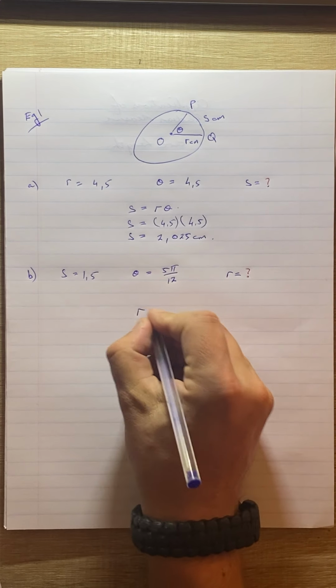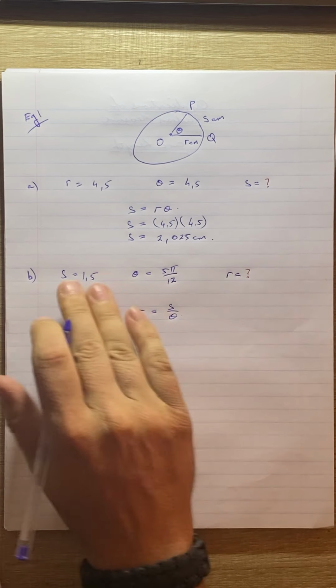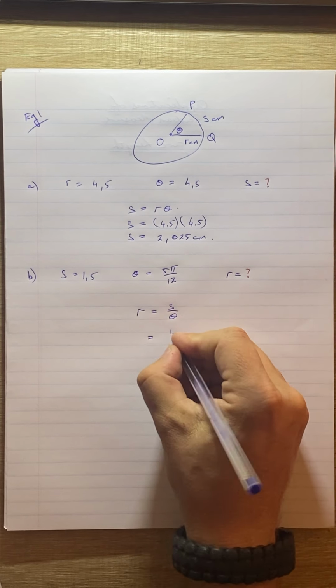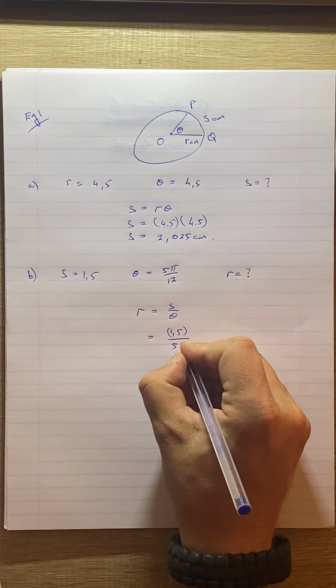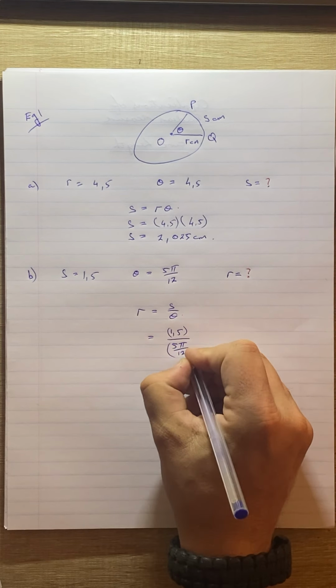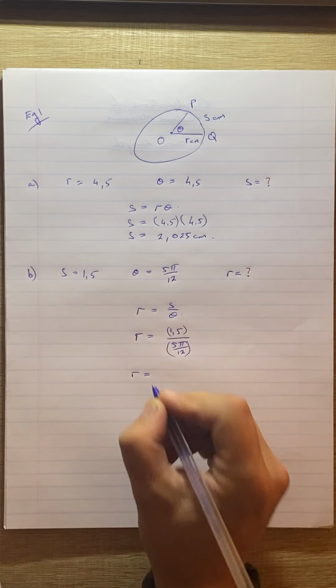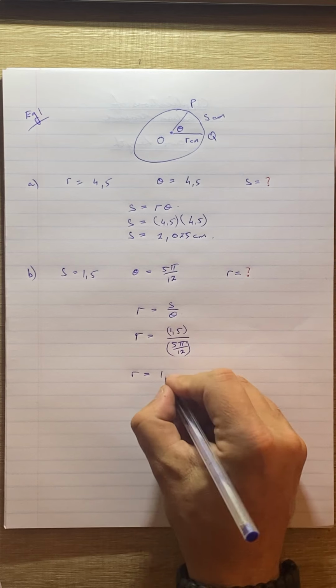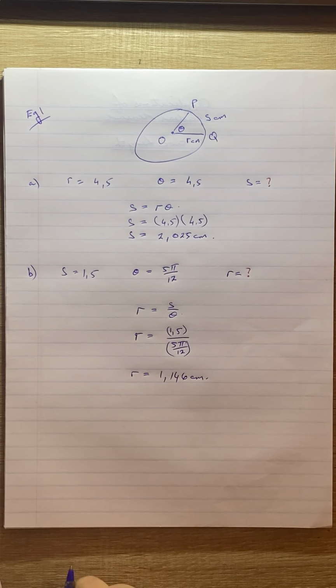Simply plug in your values. So we get 1.5 over 5 pi by 12, and then you can plug that in your calculator and you will get 1.146 centimeters. Okay.